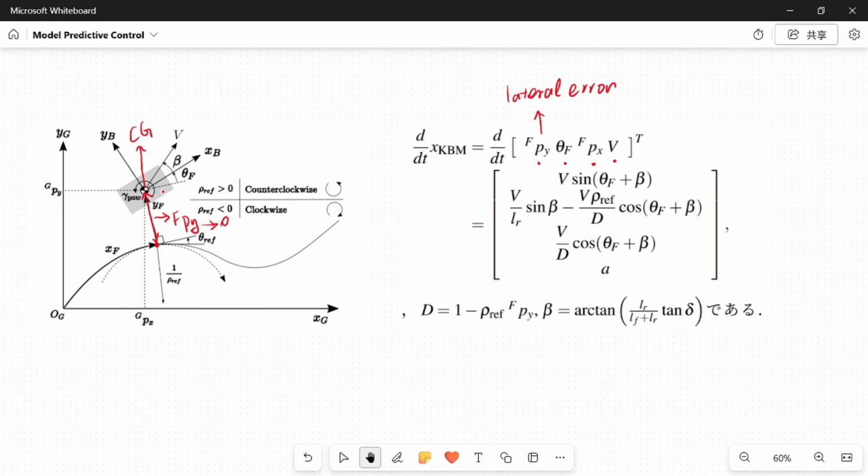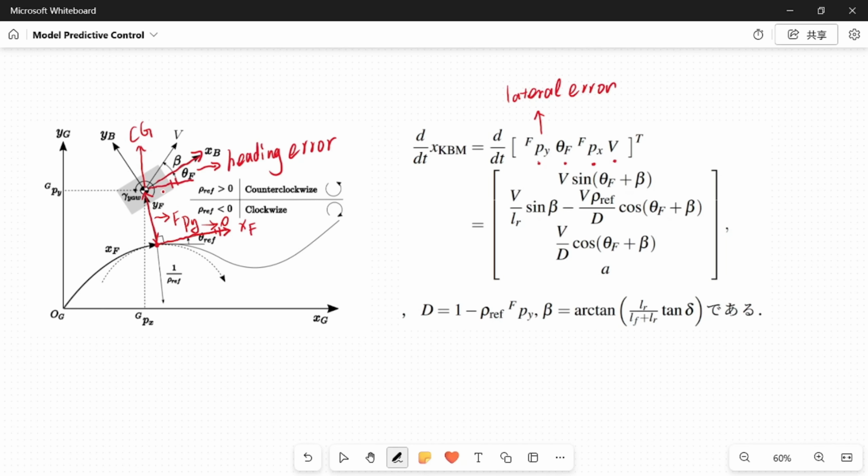Next, state F. State F is the heading error. This line is the vehicle heading, and this point on the reference trajectory, the tangent direction of this point is this line. This is also the XF axis in the FS coordinate system, and this line is parallel with XF.